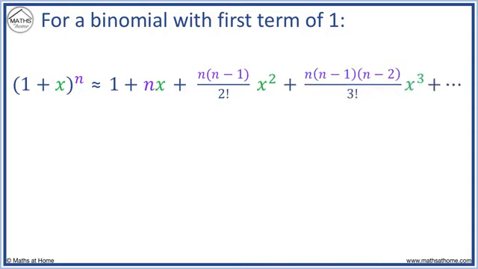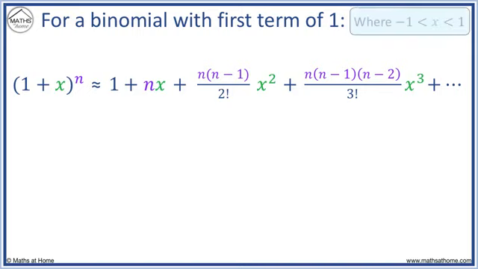We can see that the power of x increases by 1 each time, and the coefficient changes from n, n(n-1), n(n-1)(n-2), and so on, while the denominator of the fraction increases from 2 factorial to 3 factorial, and so on.